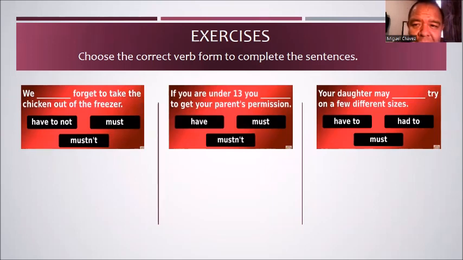Another volunteer for example number 4, please. Have to, not, must, or mustn't.